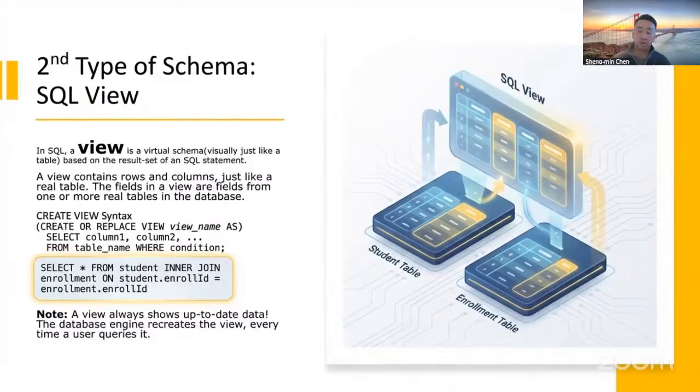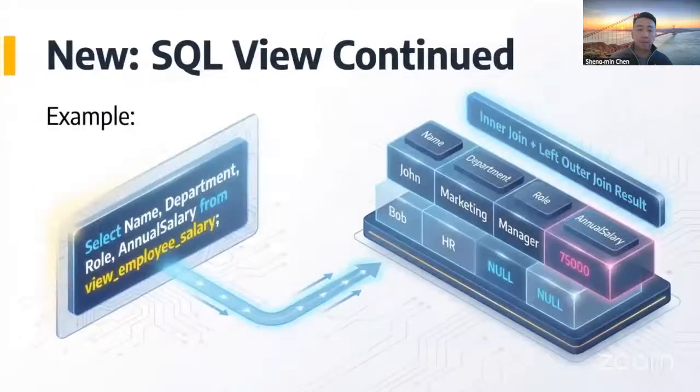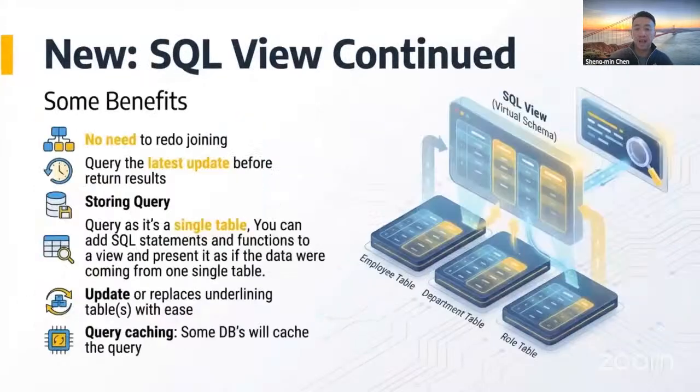Let that digest a little bit. It's almost like you're saving this select query, but giving it a file name called view. You're only saving the structure, not the actual data.